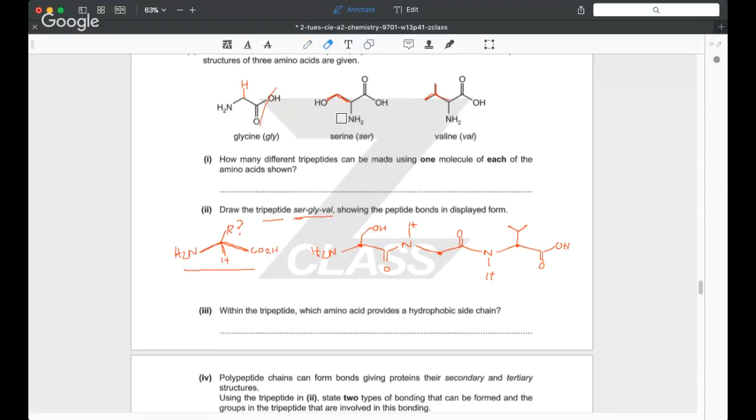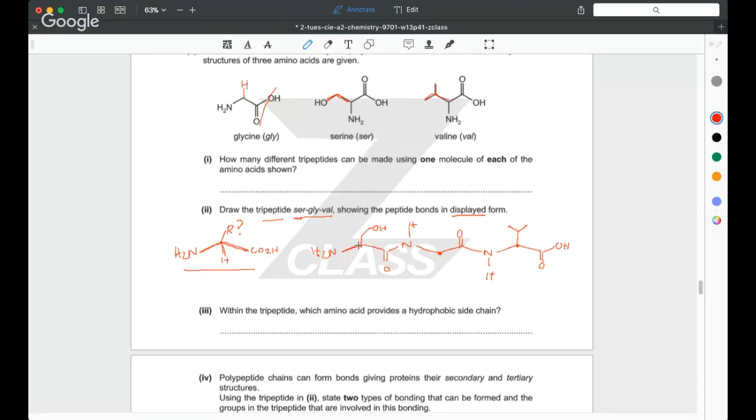Okay, so I've drawn there the skeletal formula, and that would be correct if I just remove that. But the question is asking for displayed, which means you're expected to show all the atoms and all the bonds. I'm trying to emphasize that you can draw these peptide chains, or this tripeptide with these amide bonds in it, by knowing that structure of the amino acid and then drawing them.